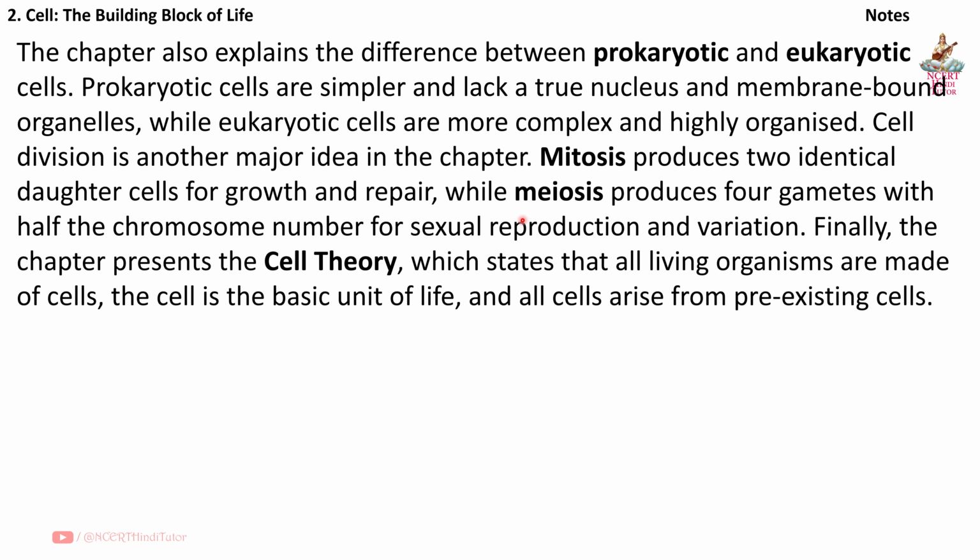Mitosis produces two identical daughter cells for growth and repair, while meiosis produces four gametes with half the chromosome number for sexual reproduction and variation. Finally, the chapter presents the cell theory, which states that all living organisms are made of cells. The cell is the basic unit of life, and all cells arise from pre-existing cells.